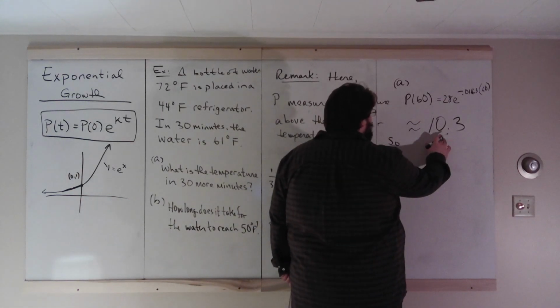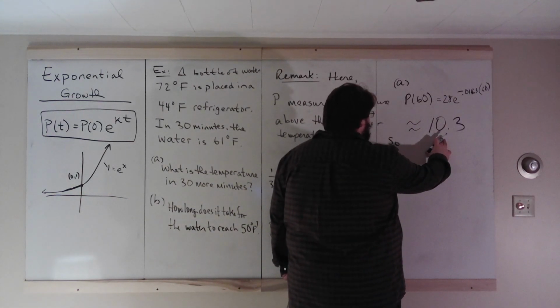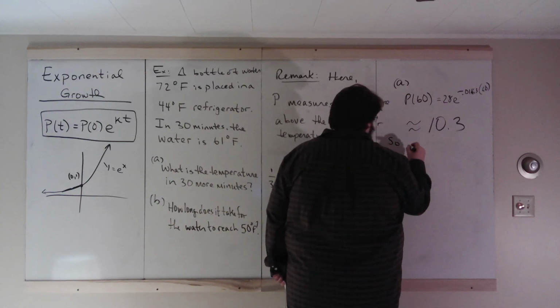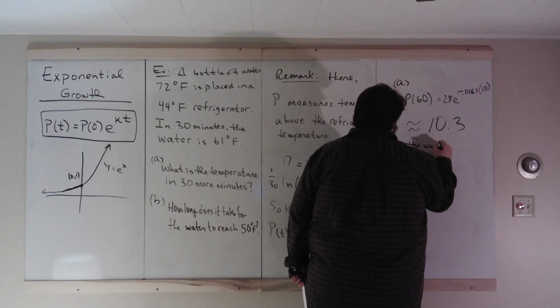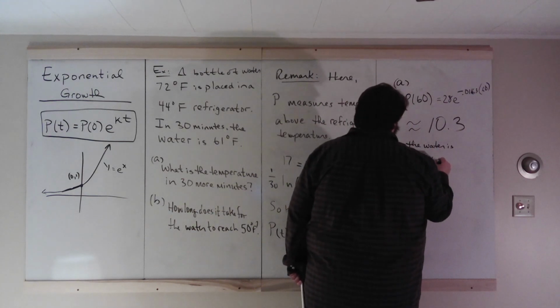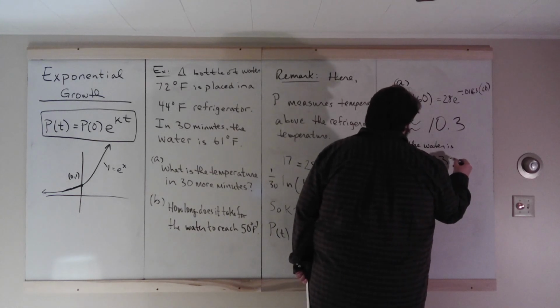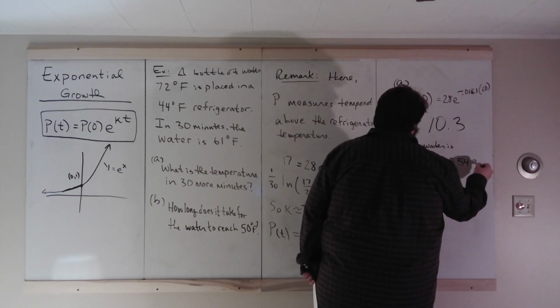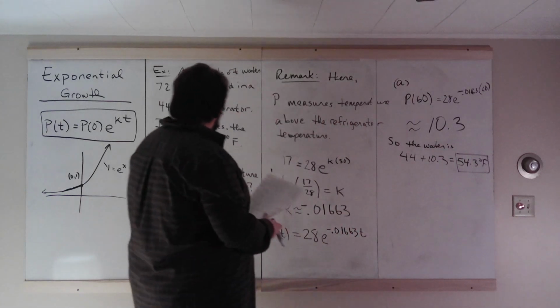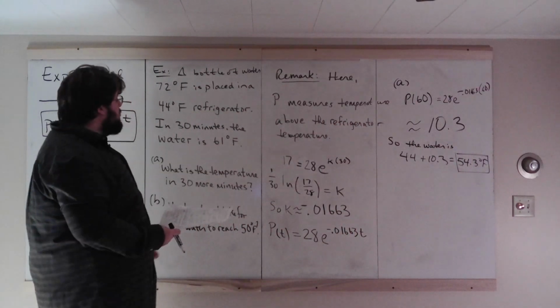So in 1 hour, the bottle of water is 10.3 degrees above fridge temperature. So the water is 44 plus 10.3, approximately 54.3 degrees Fahrenheit. That answer makes sense given that we would expect it to be a little less than 61.